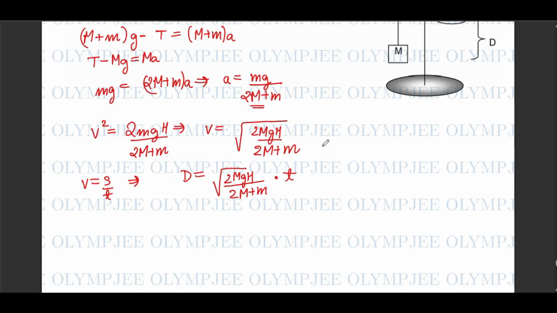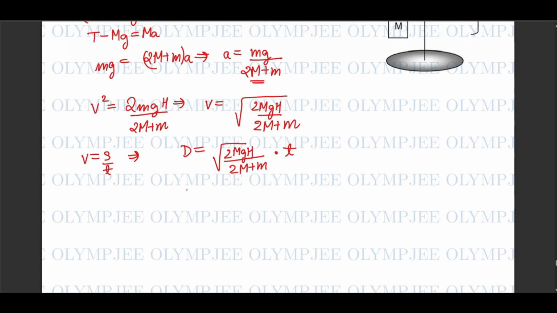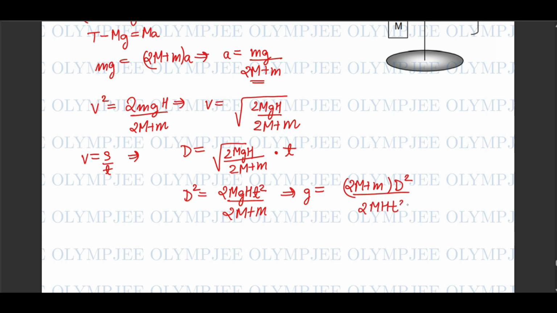So we need to find g, so we will square on both sides. So from here we will get that g is equal to (2m plus m) multiplied by d square divided by mh t square.